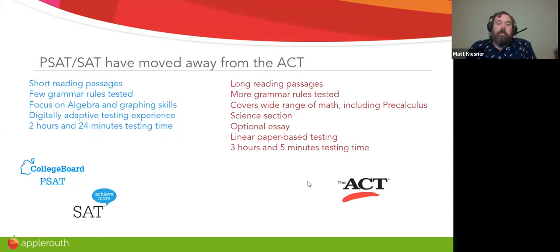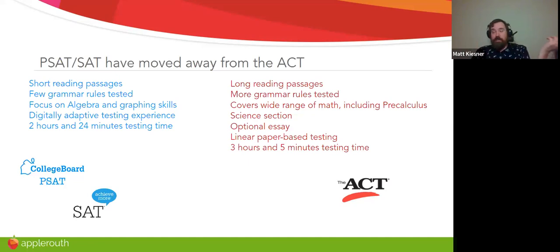But it's also important to recognize that the digital PSAT and SAT have moved away from the ACT. Previously, they were more similar, and the ACT is not really making a big move this year, or has not announced any big move, so we can see the differences now. On the SAT, you have short reading passages, about a paragraph.